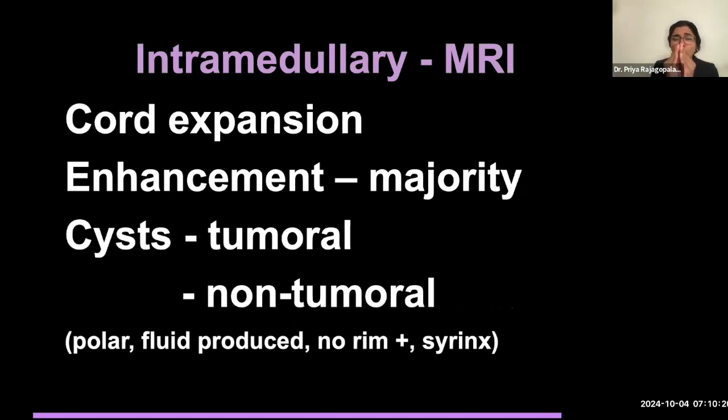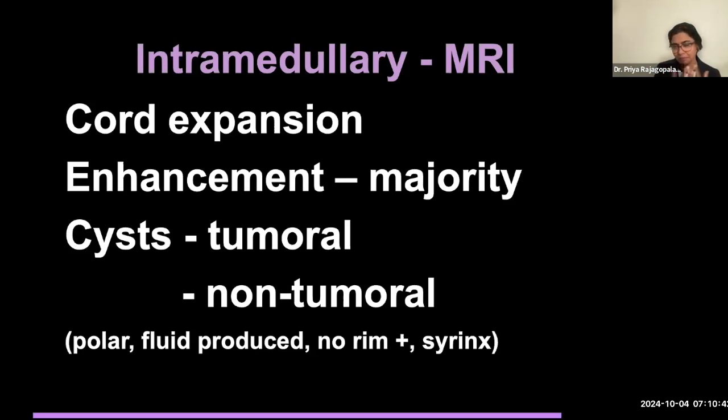Now, you see some cord expansion, because a tumor is going to expand the cord. And once it breaks down the blood spinal cord barrier, it's going to start showing leakage of contrast, and that shows up as enhancement. In the majority of these tumors, there is that breakdown of the barrier, and so there is enhancement.